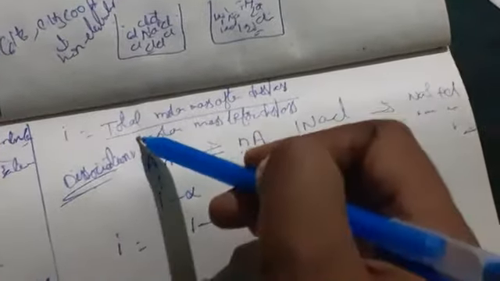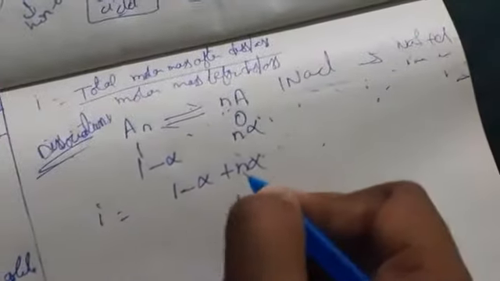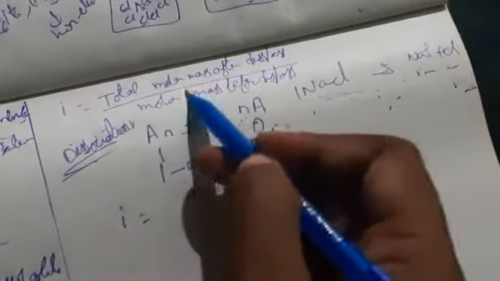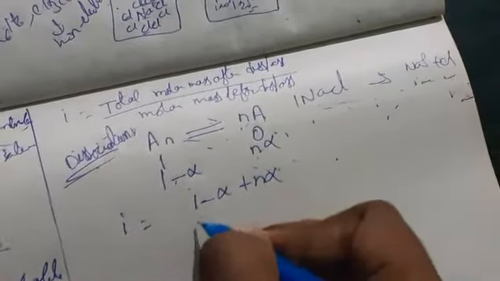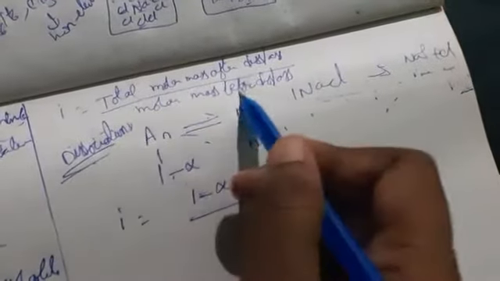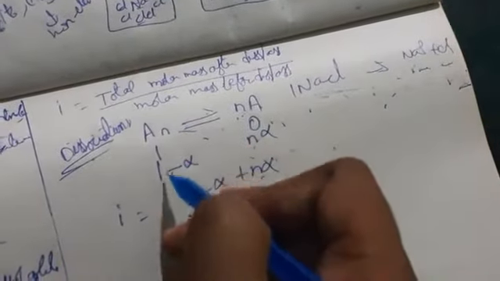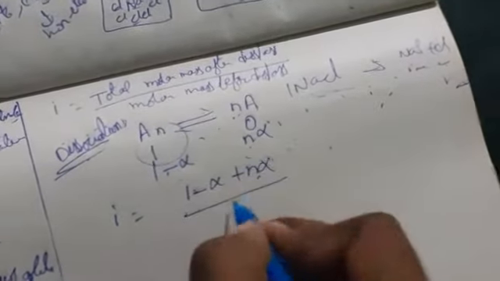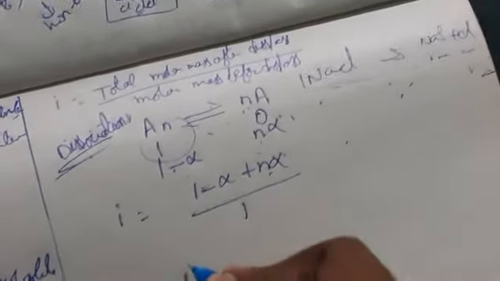So for solutes showing dissociation, as I told you, the number of particles after dissociation we are getting is 1 minus alpha plus n alpha, divided by the molar mass before dissociation, which is 1. So we are writing 1 here.